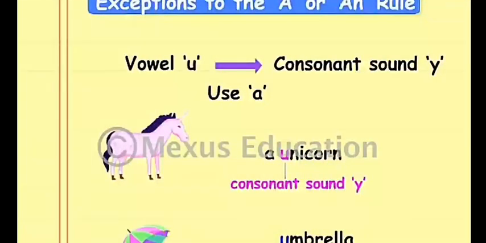One more thing that I would like to mention here, that the sound of O. Okay, O always gives the sound of O, like orange, onion, okay, ostrich.